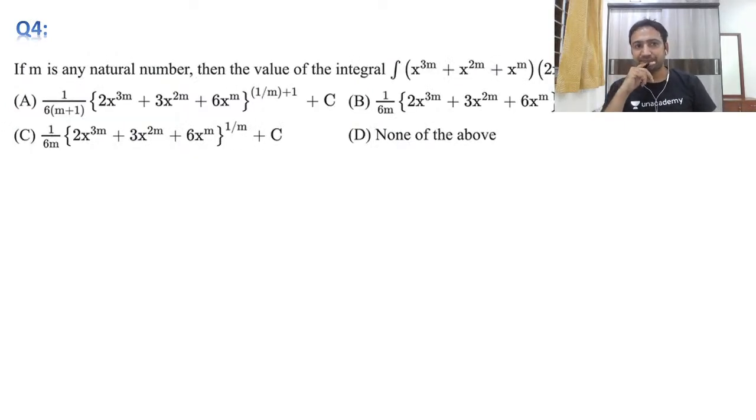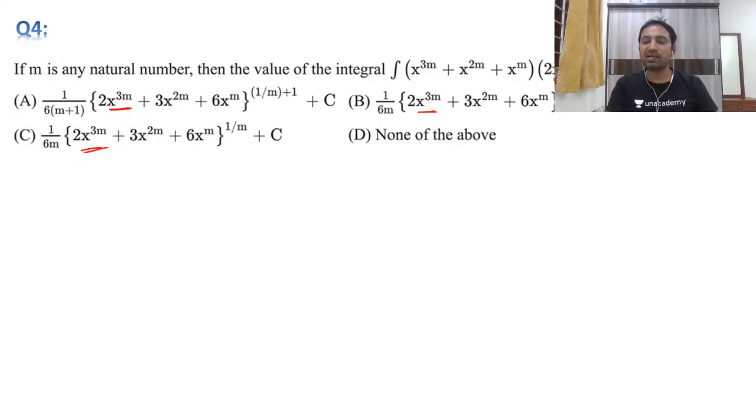Right, next question. See, this type of question is very, very important, guys. M is a natural number, then find the value of the integral. So guys, if you observe, x power 3m is there everywhere, but here only x power 2m is there.